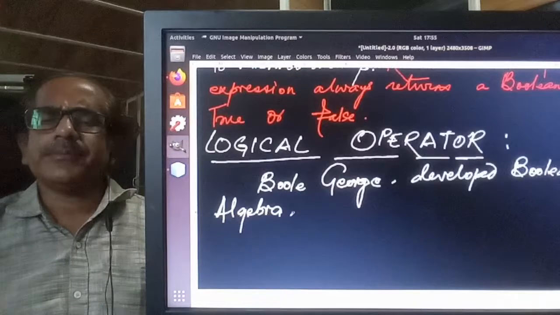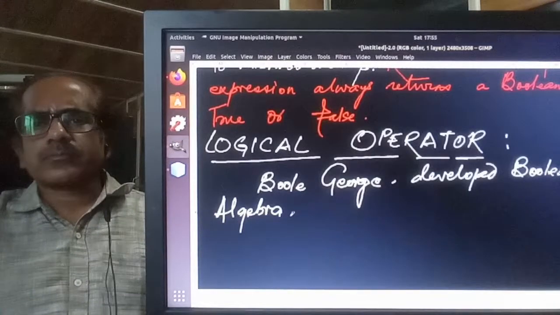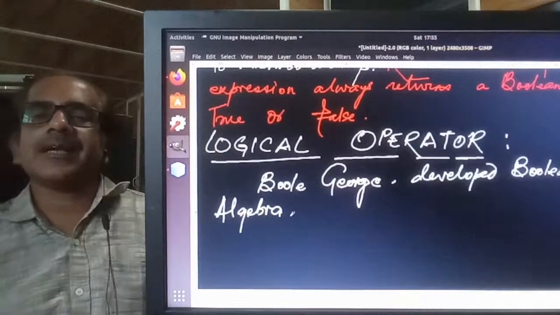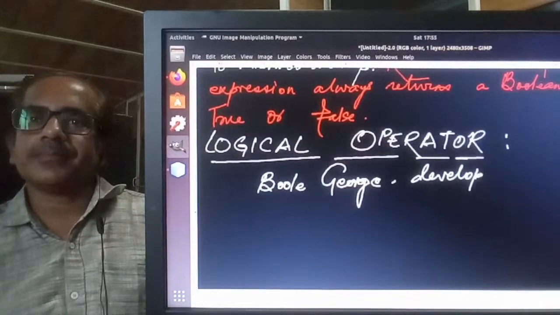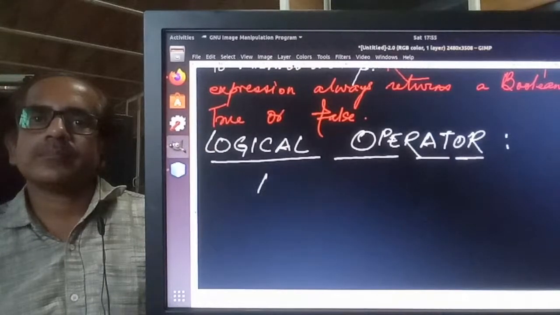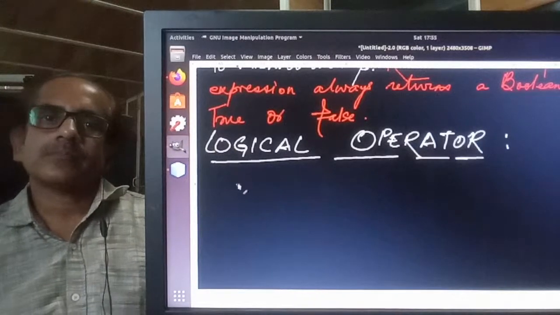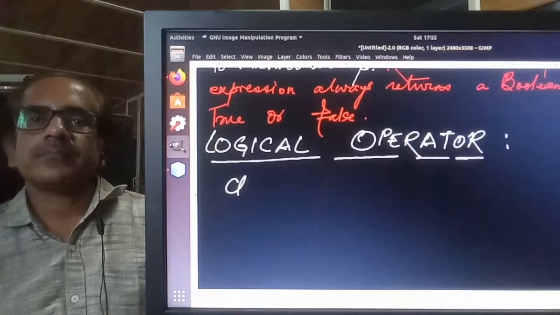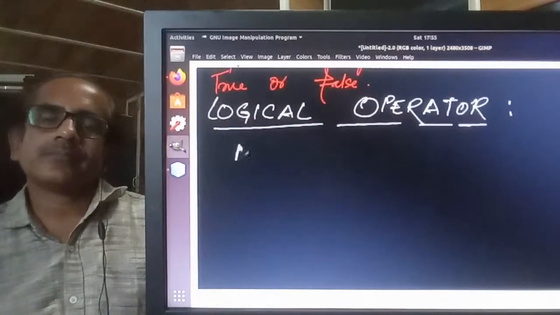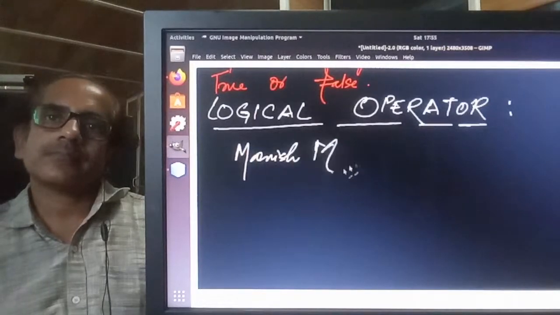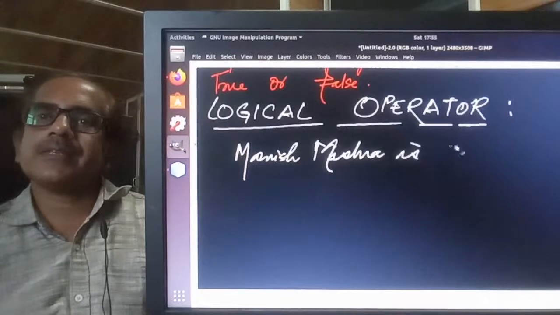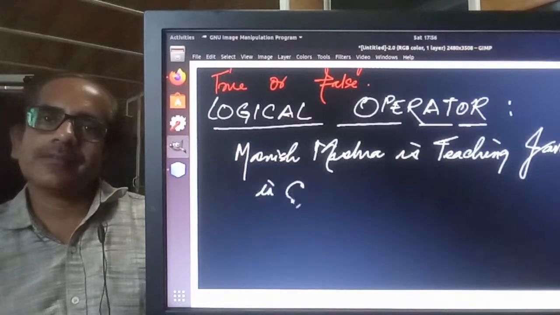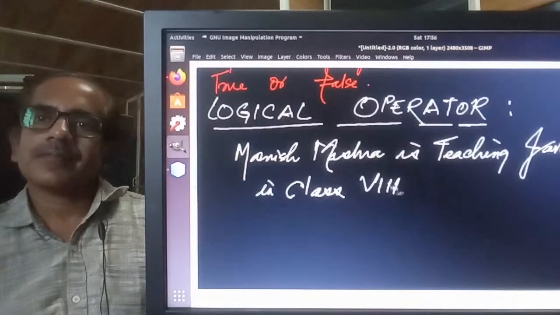Let us take an example, like your own example. Class 8 is teaching Java in class 8.